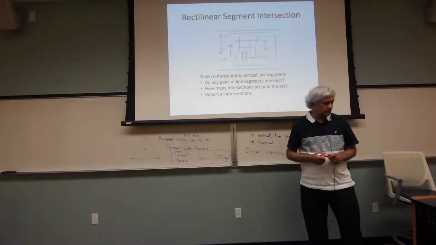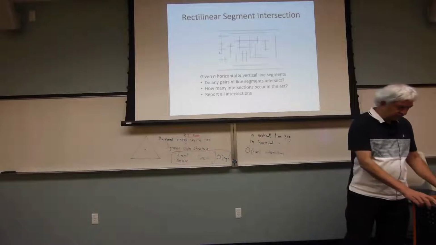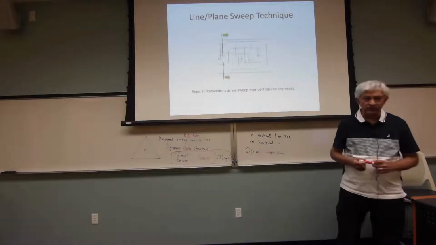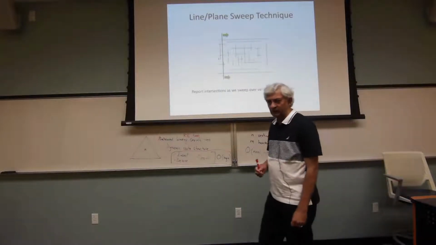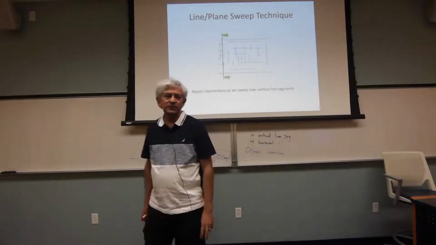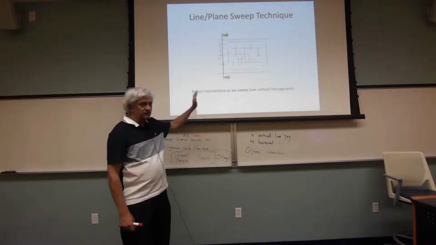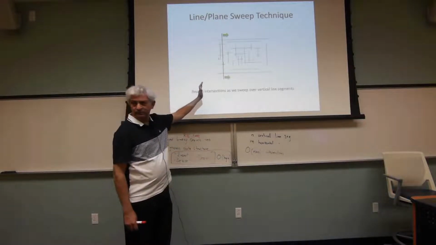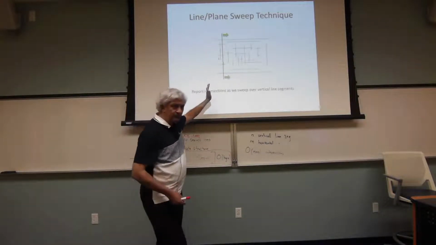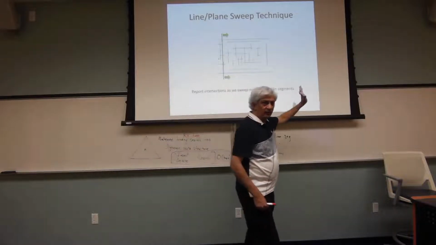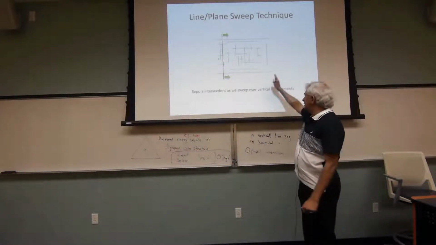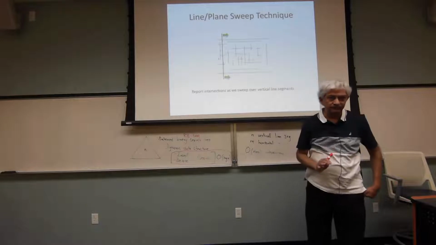In order to solve this problem, as I said last time, we're going to use something called a line sweep algorithm or a line sweep technique. What is a line sweep technique? You take this red line that I've shown here, start it at the left end of the picture, and you sweep it across this until it crosses all the line segments and goes off to the right.